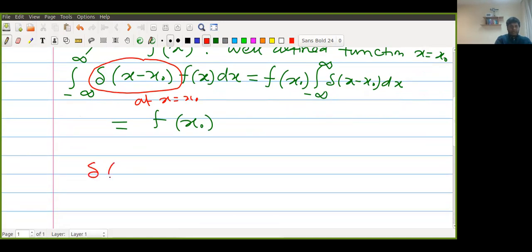I want to imply that delta of x minus x naught has a certain property. At x not equal to x naught, where the variable differs slightly, like x equals x naught plus or minus some small epsilon, this function will be zero.